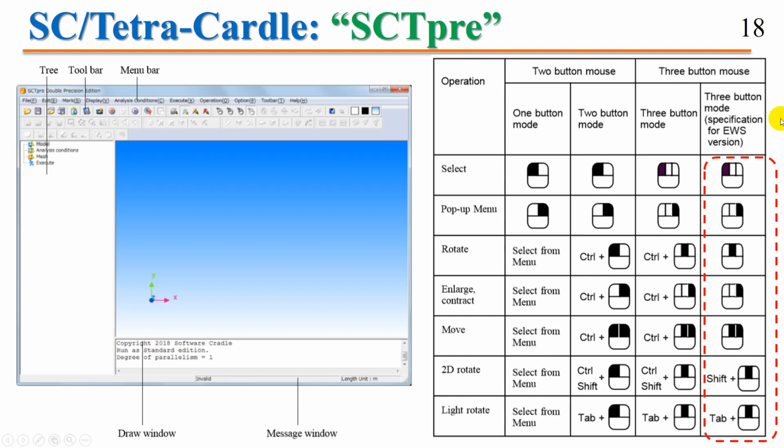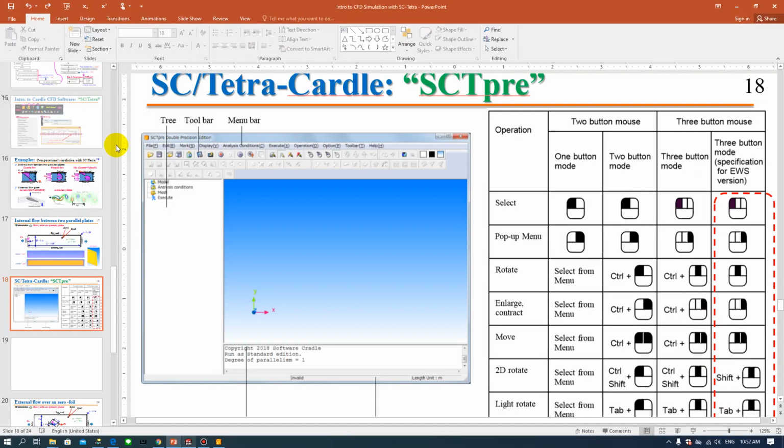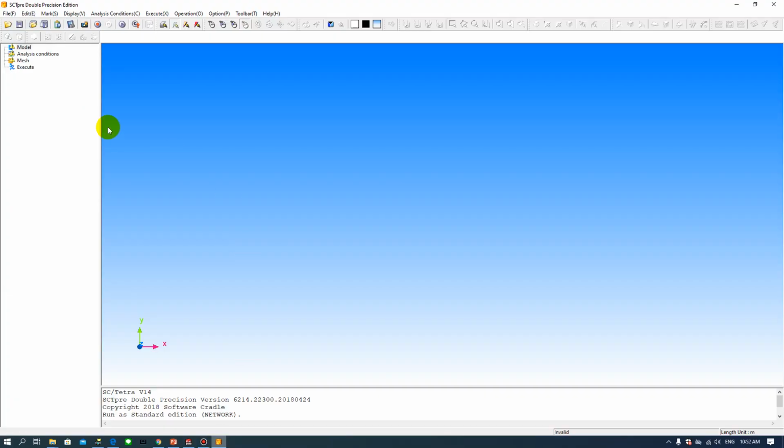This is the highlight for using the kernel, this is the outline of the kernel. After you open the SCP, you can see this is the main menu bar, this is the toolbar, open, save file, and this is the method.